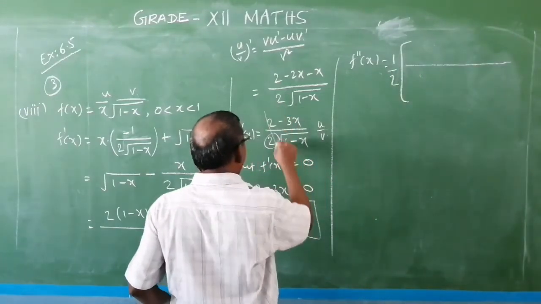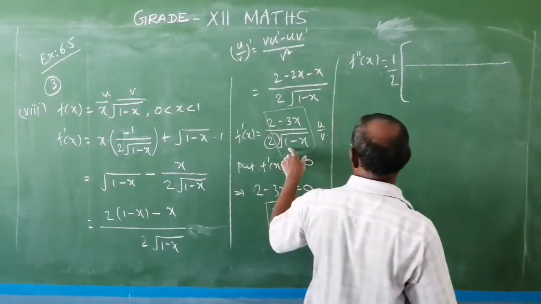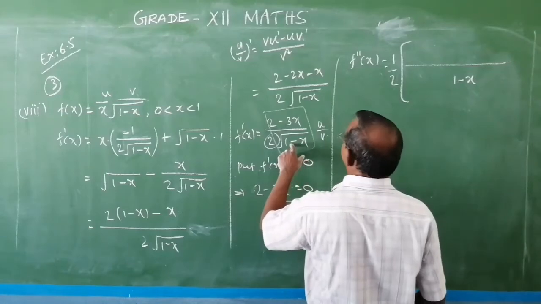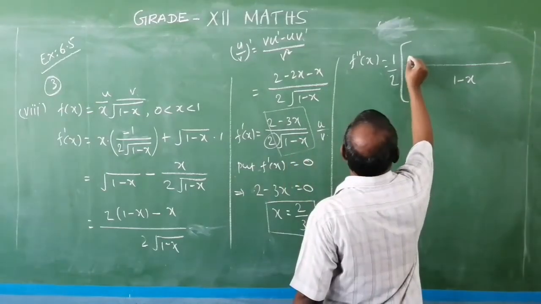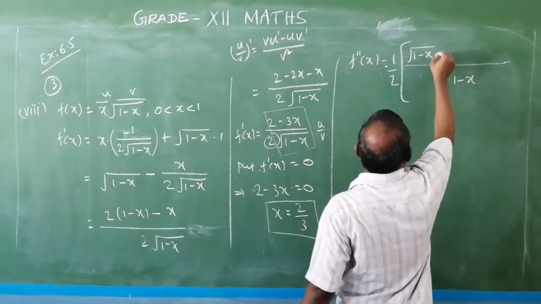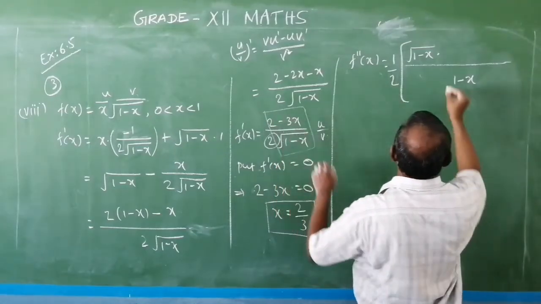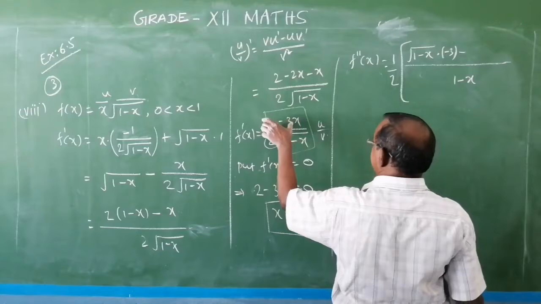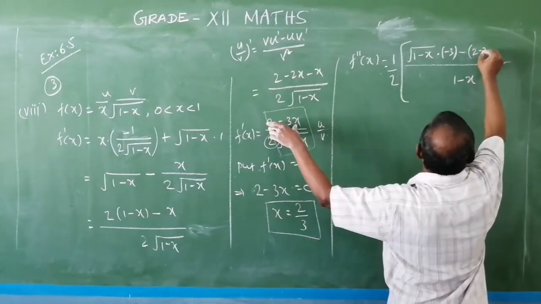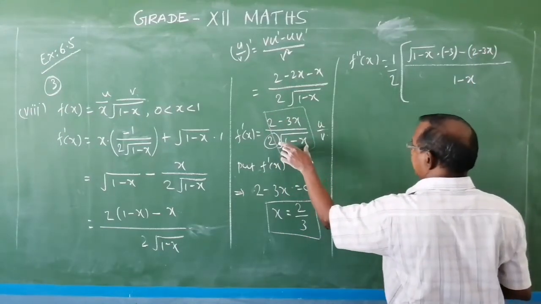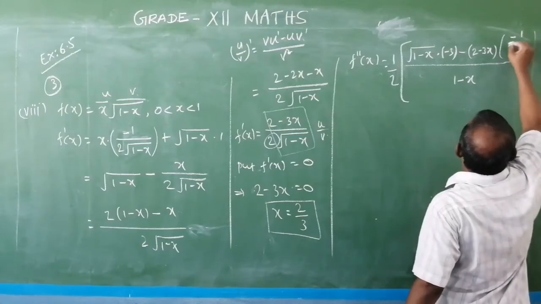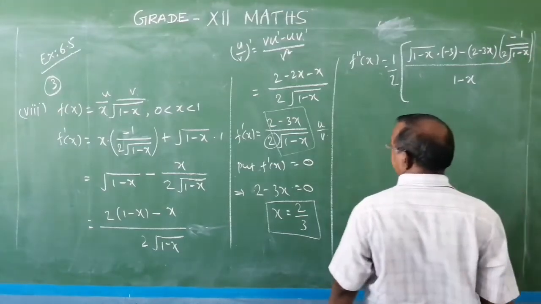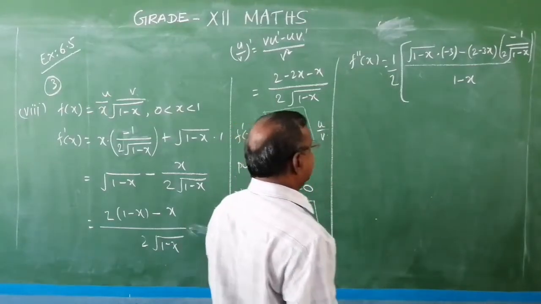So the denominator v square is 1 minus x, and v into u dash, v means root of 1 minus x, into u dash is minus 3, and minus of u into v dash, u means 2 minus 3x, again differentiating the denominator, into minus 1 by 2 into root of 1 minus x.